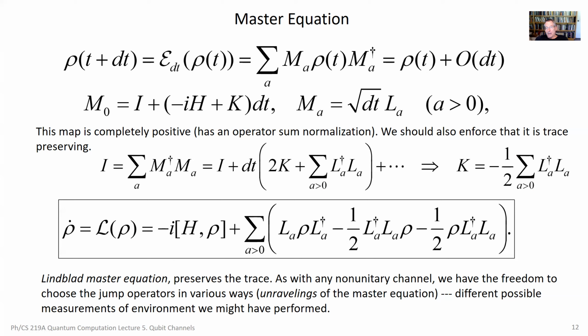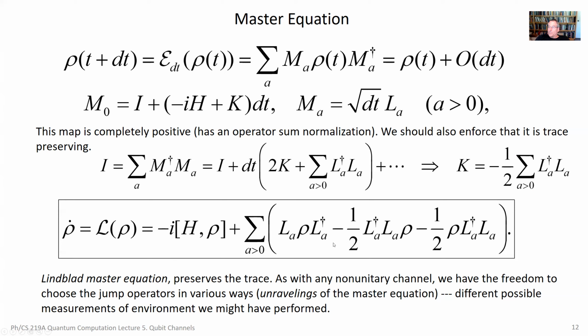That would be all I would have in the case of time evolution governed by the Hamiltonian H, unitary time evolution. And the rest of the terms describe the possible decoherence mechanisms, the jumps that could occur. And I have, as you can see, absorbed the probability of a jump into the normalization of these jump operators.